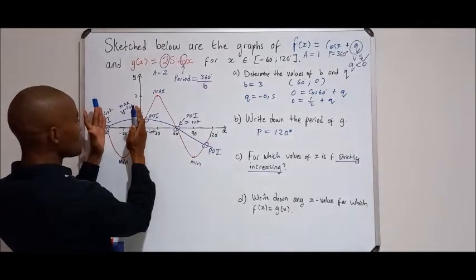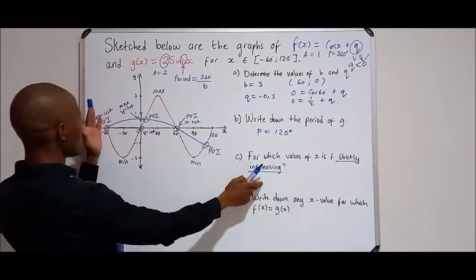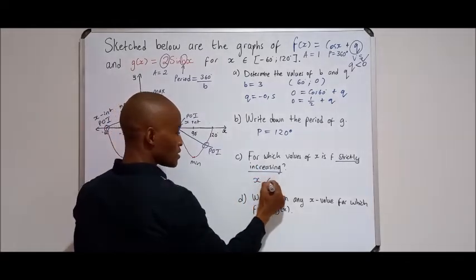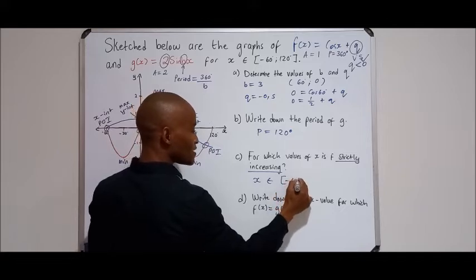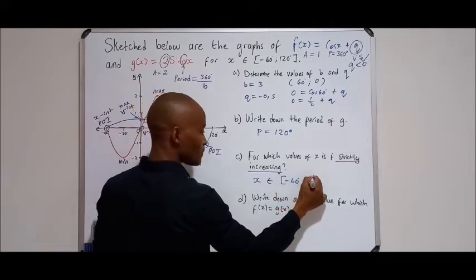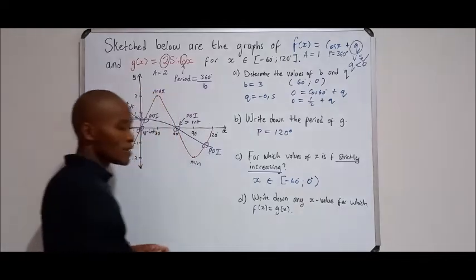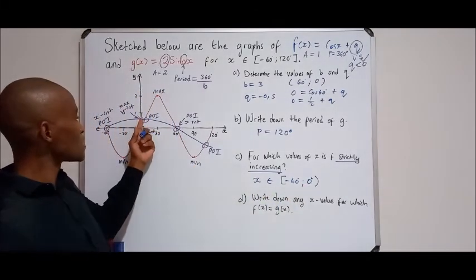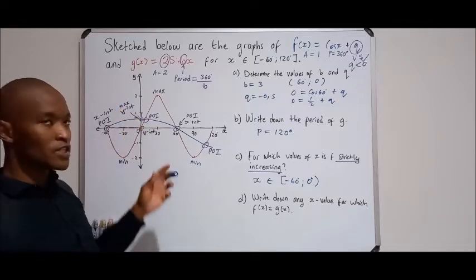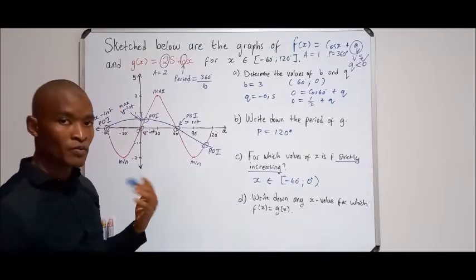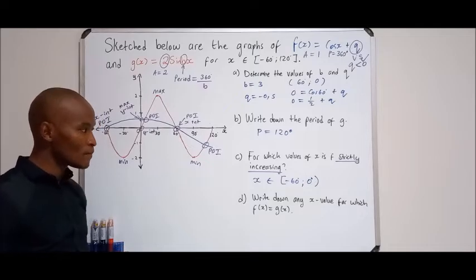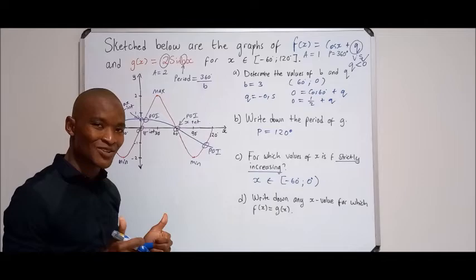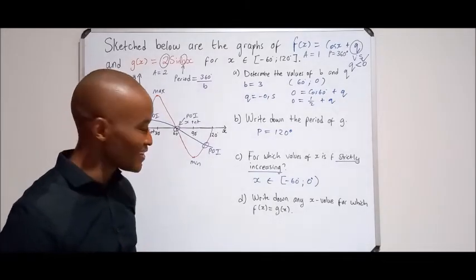So the answer to C is x element of negative 60 degrees to 0 degrees, negative 60 inclusive, 0 degrees exclusive, because that is the maximum where f is changing its progression from increasing to decreasing. Okay, good stuff. I believe you are still with me and enjoying the maths, right?